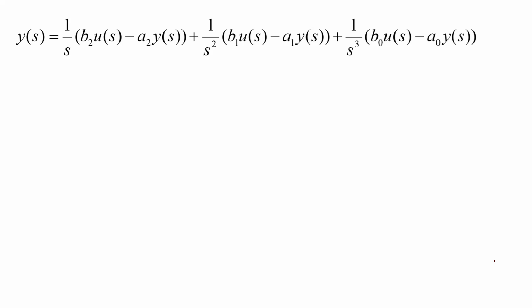In here, I have 3 integrators. Suppose I want to go between u and y. How many integrators do I need? 3 integrators. So suppose this is u, the input, and this is 1 integrator, and this is another integrator, and a 3rd integrator.